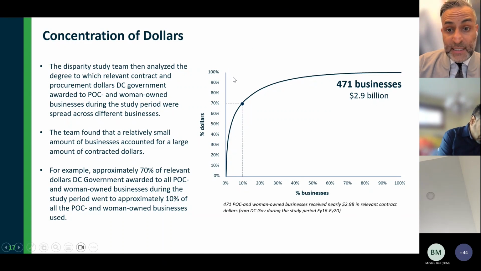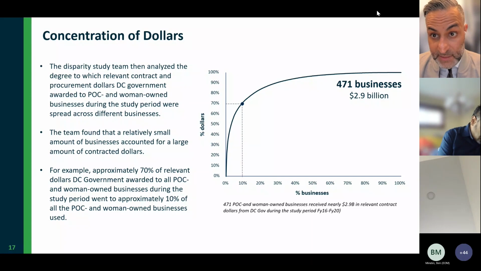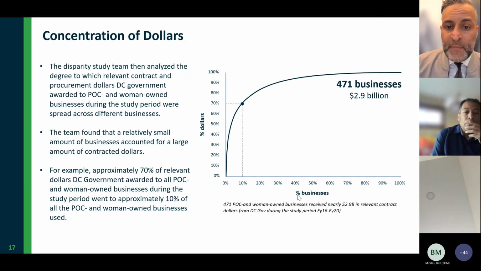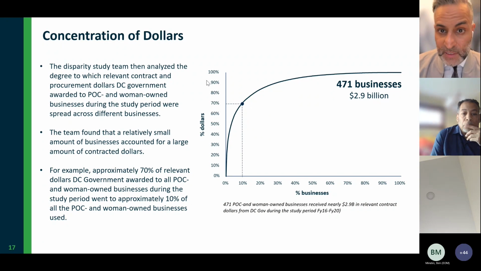So we looked at these 471 different POC and woman-owned businesses that received dollars from DC government during the study period, and looked at what percentage of those firms it would take to account for the percent of total dollars that went to POC and woman-owned businesses.